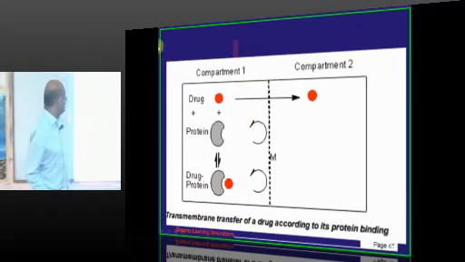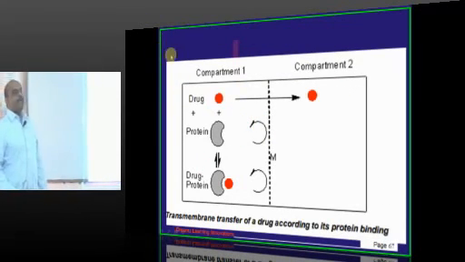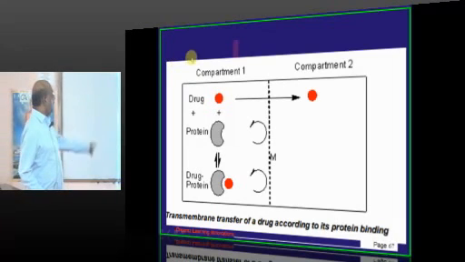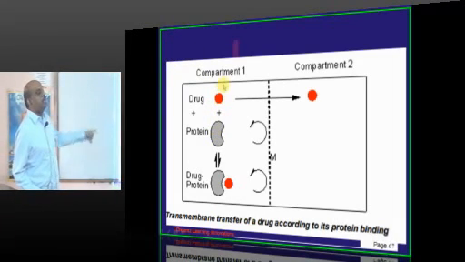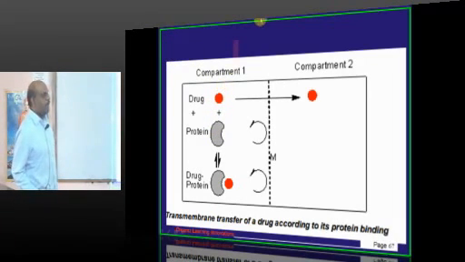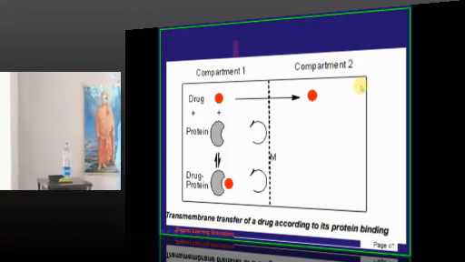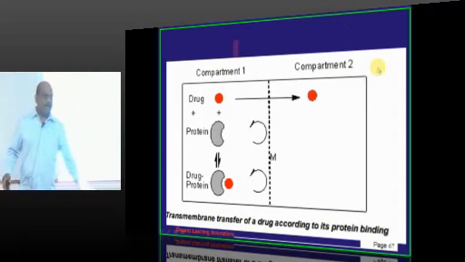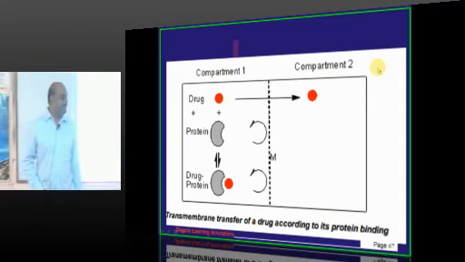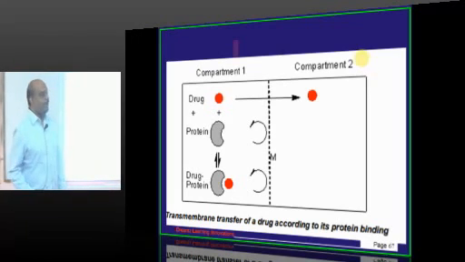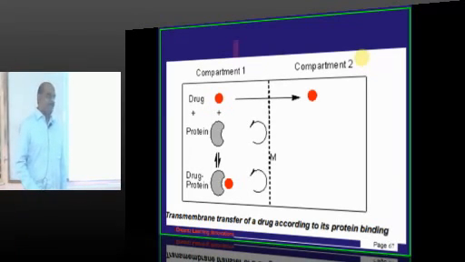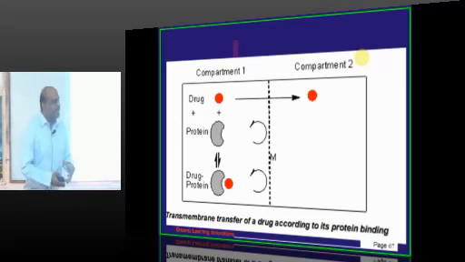plasma membrane. Second factor, is it bound or unbound to the protein? All drugs are not strongly bound to the protein. All girls and boys are not always married. But all girls and boys are not attachedly married. Few people are very attached in a relation, few people are too flying away in a relation.